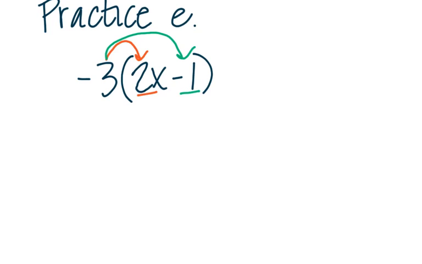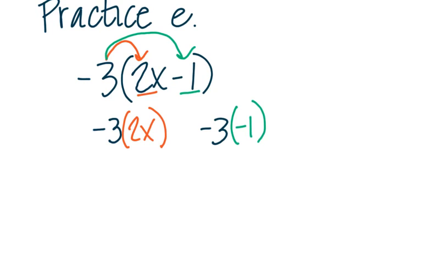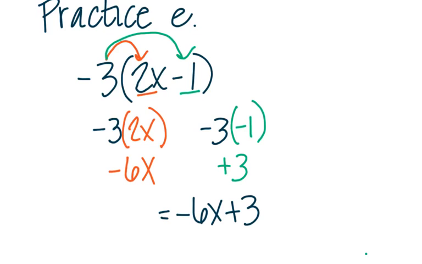So you're going to have your negative 3 multiplied by your 2x, and your negative 3 multiplied by your negative 1. So a negative 3 times 2 becomes a negative 6x, and a negative 3 times a negative 1 becomes a positive 3. And then you just put it together to equal negative 6x plus 3.